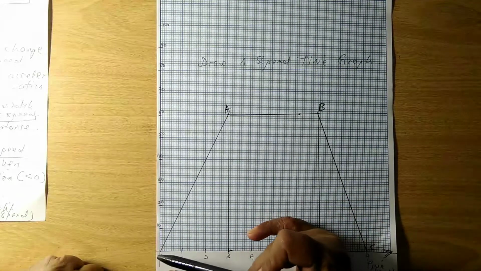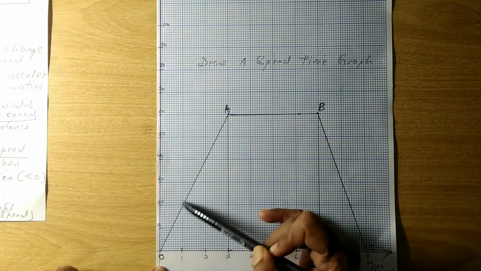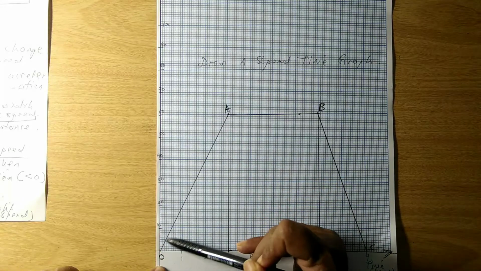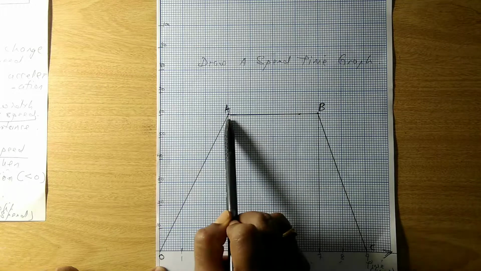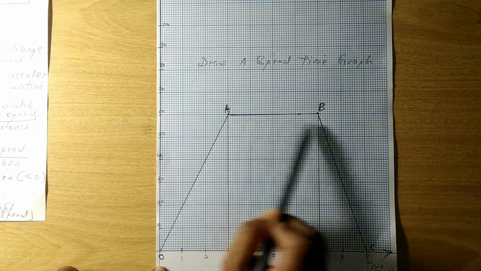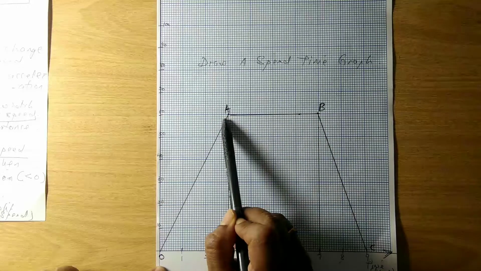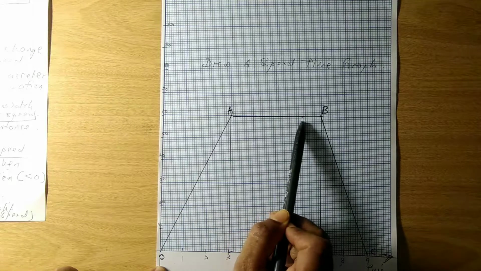Now if you look at the movement of a particle from O to A, we realize that the speed is increasing from O going up to A. And from A to B, the speed is actually the same.